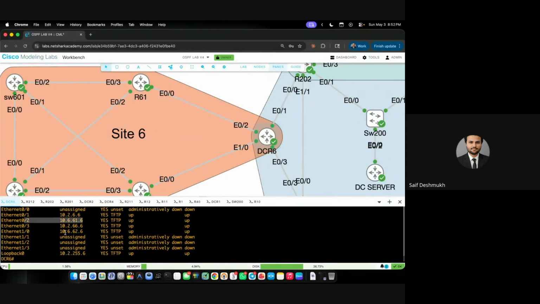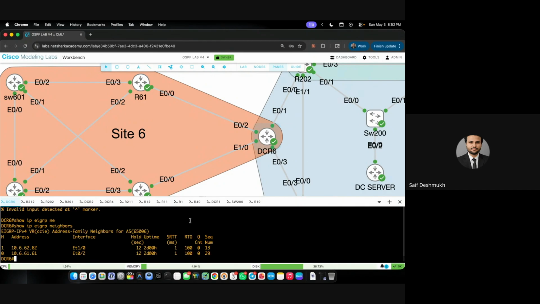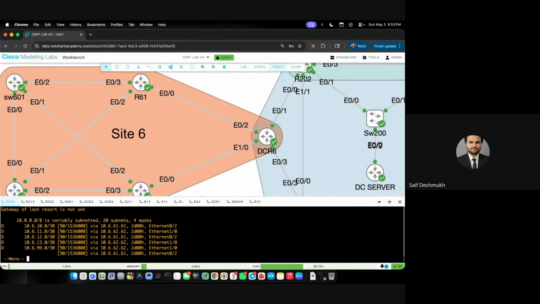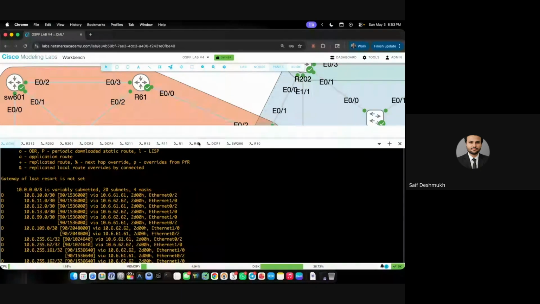Then 1/0 is 10.6.62.6. This router has neighborship with both routers and is learning all the EIGRP routes already. All the subnets are in 10.6 though. That's the important part.